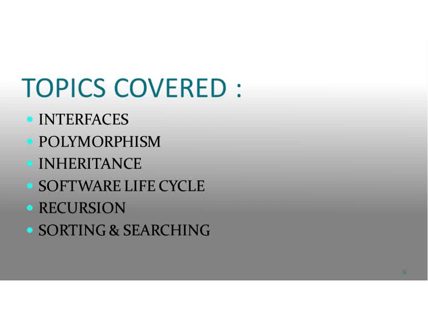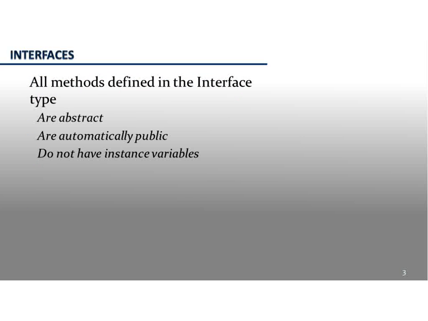Okay. Now, first of all, we have interfaces. As you know, in interfaces, all methods defined in the interface type are first of all abstract. Can you tell me what is the meaning of abstract?